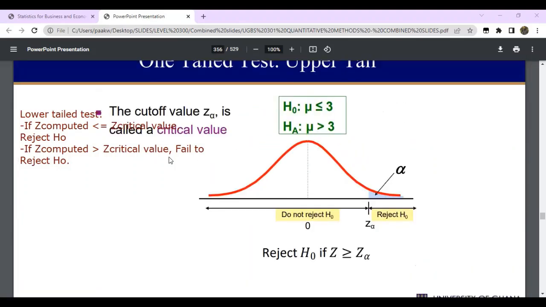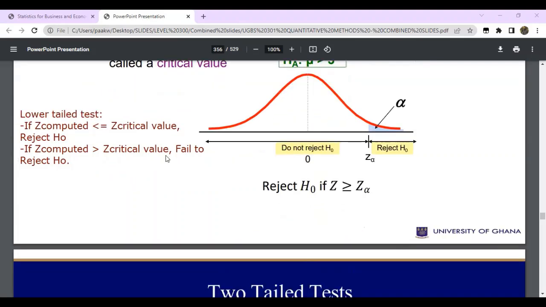Now let's treat the upper tail test. I'll be editing this one.